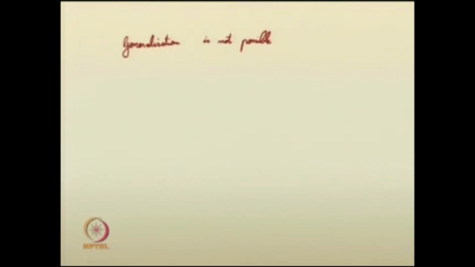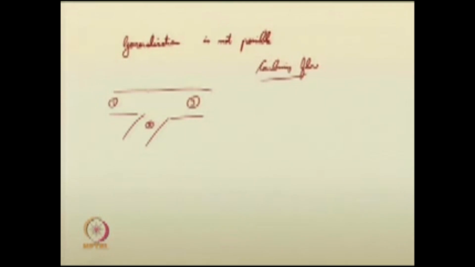If we want to analyze it in a brief way, for example, in Ven Te Chow's book it is also mentioned that if channel 1 is coming like this, channel 2 is merging, forming channel 3, such a situation is a case of combining flow from different channels.